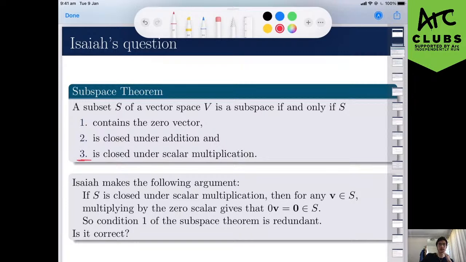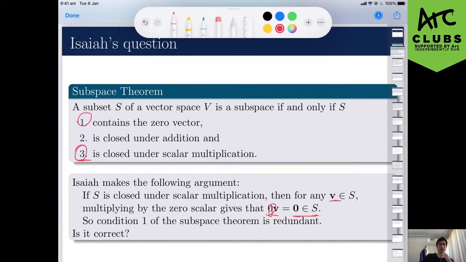Now, if it's closed under scalar multiplication, then we can pick some random vector in it and multiply it by the zero scalar. Because it's closed, this product must also be in the subspace, so the zero vector is in the subspace. So if 3 holds, then apparently 1 holds for free, because we can just multiply anything in it by 0 and get 1.